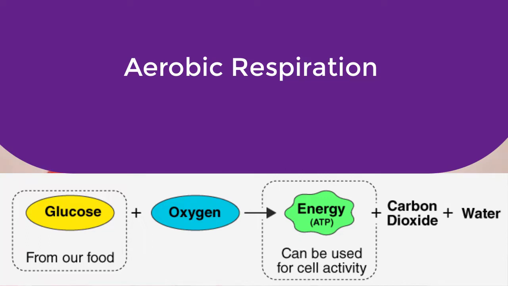In the cells, the food, mainly glucose, with the presence of oxygen breaks into carbon dioxide, water and energy. This mode of respiration is called aerobic respiration, respiration with the presence of oxygen.